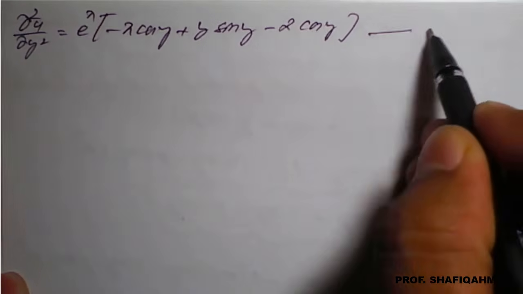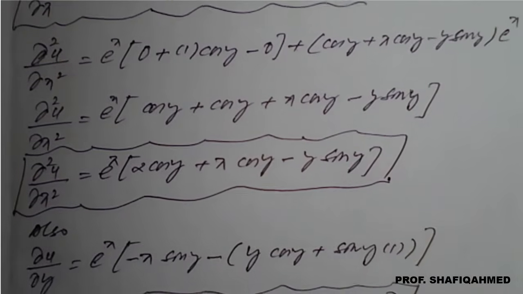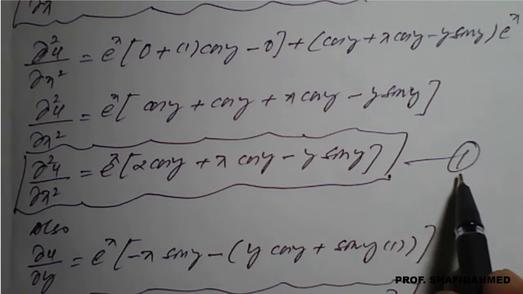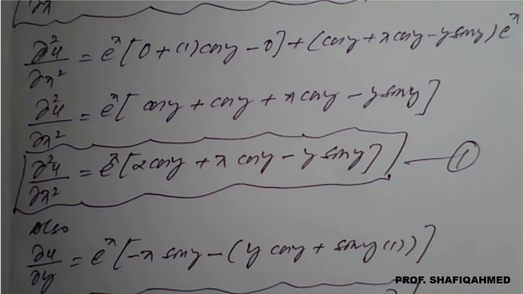So you give equation number 2 for this and 1 for ∂²u/∂x². So add 1 plus 2 and we'll check for the harmonic.